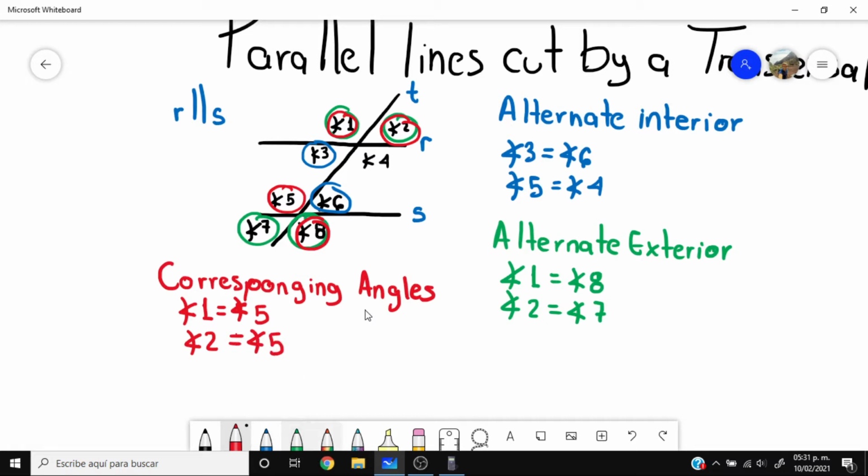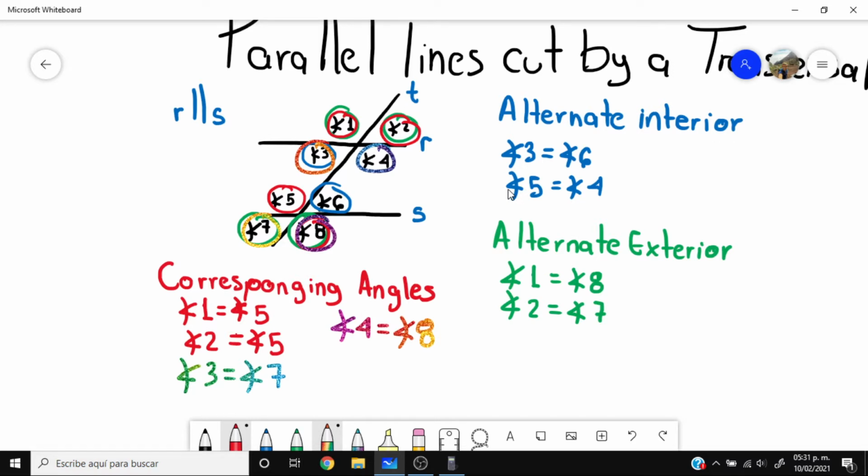Okay, and also, well, I'm going to change color, but I don't have enough colors. Okay, so angle 3 equals angle 7, and also angle 4 equals angle 8.